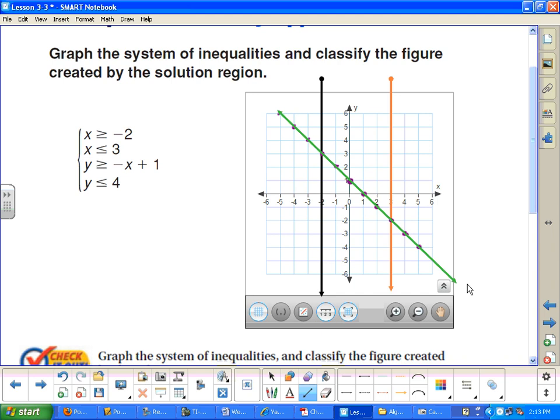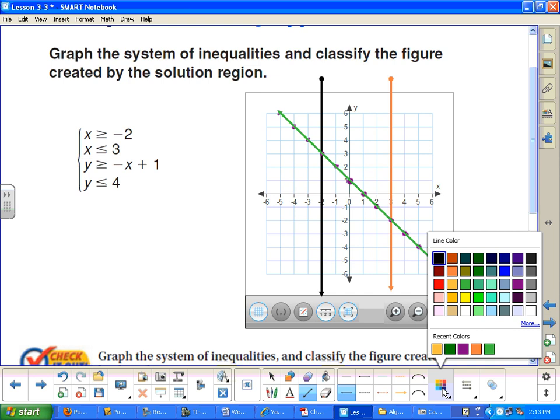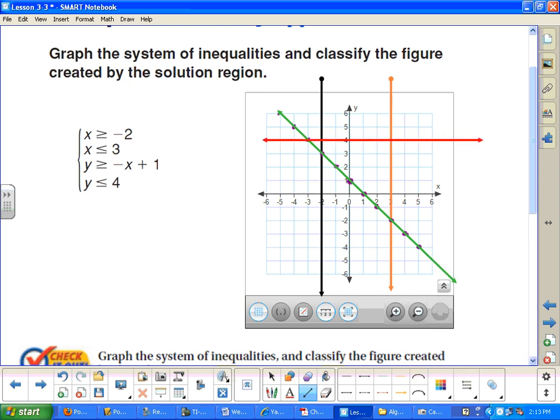Okay, so we have 3 of our lines. And then our 4th line is y less than or equal to 4. Is that horizontal then? Yeah. All right, and let's go red with this one. Okay. So we have the 4 lines.